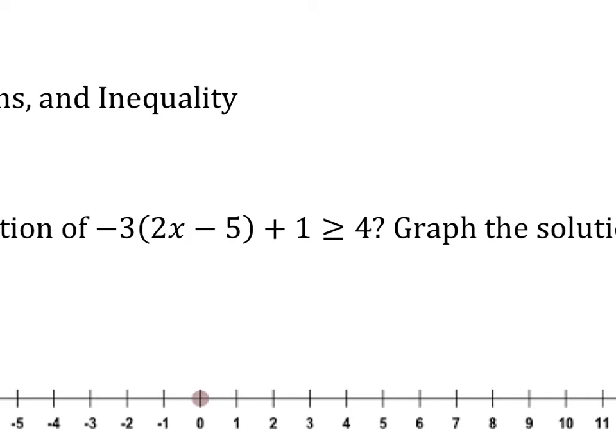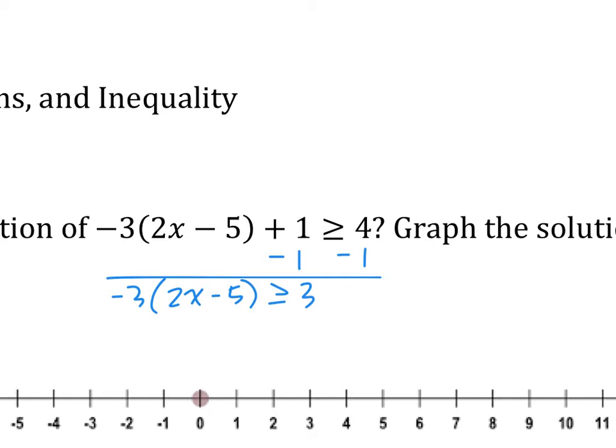I would subtract 1 first. Negative 3 times 2x minus 5 greater than or equal to 3. And the next thing we want to do is probably divide by negative 3. Now you might say, why don't you distribute? Of course you could, but distributing, remember, gives it to everybody.